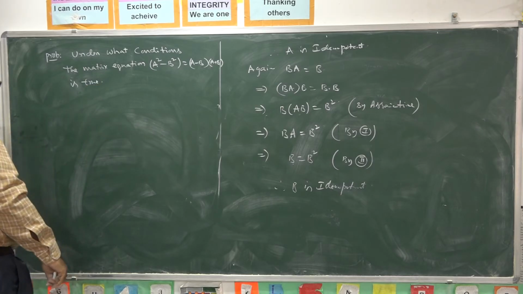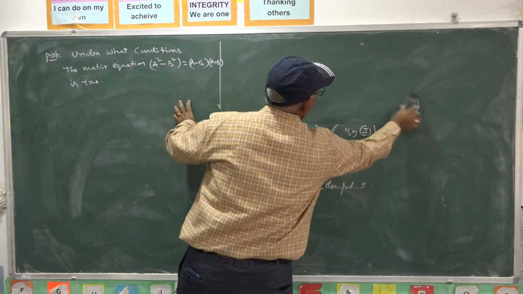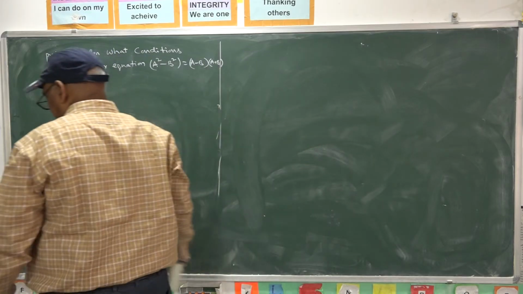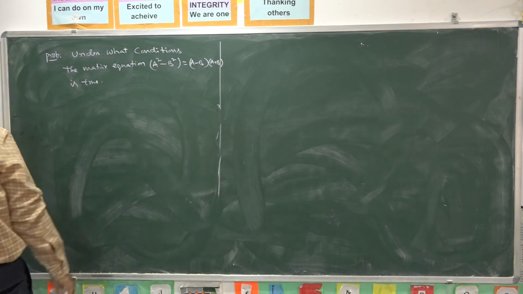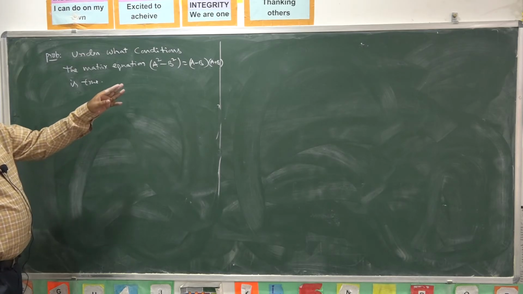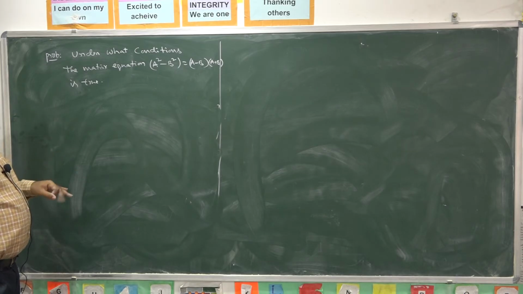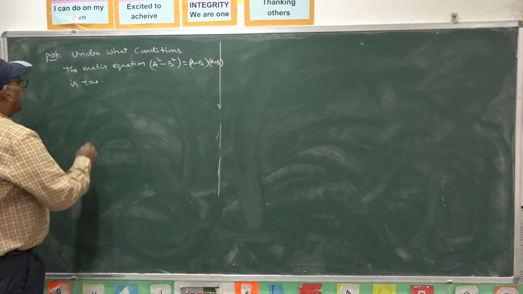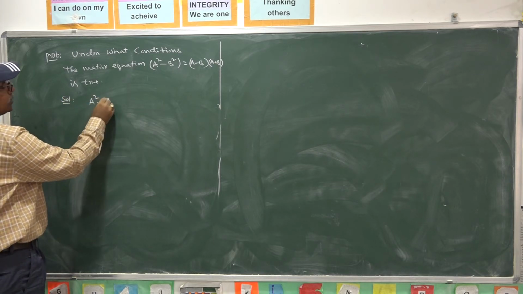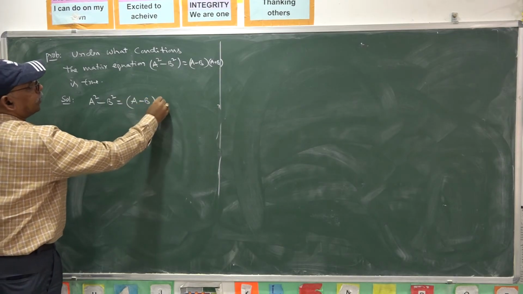That is our question. Under what conditions does the matrix equation A square minus B square equal A minus B into A plus B hold? So, A square minus B square equal to A minus B into A plus B.